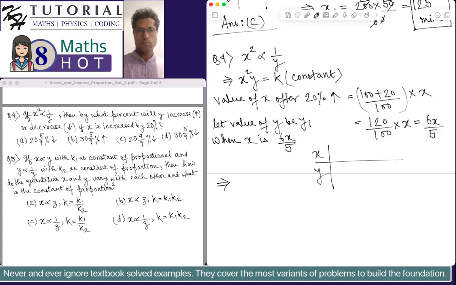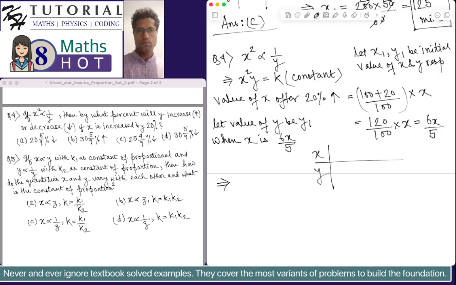So we know that x square y will be a constant. So let's say x1 and y1 are the initial values of the quantities x and y respectively.